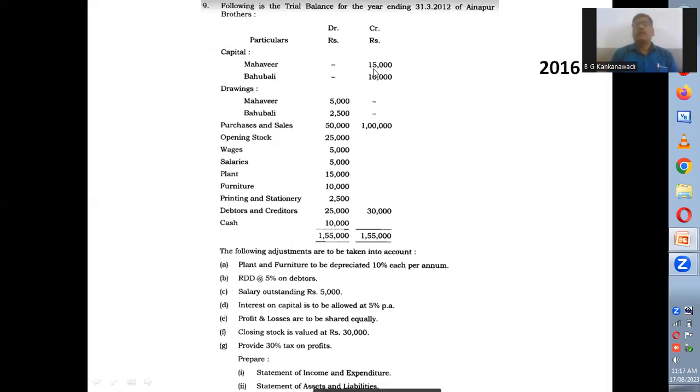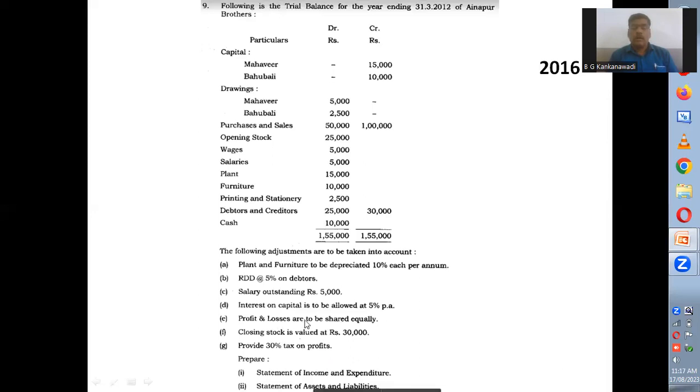So 500 plus 750, total 1,250, comes in the income and expenditure account under the head interest. And the same interest you add to the partners' funds in the balance sheet.